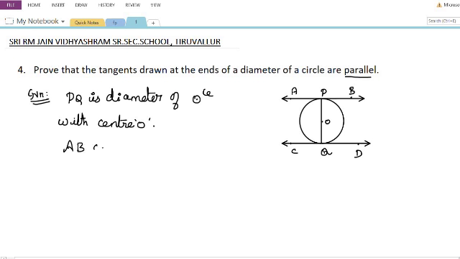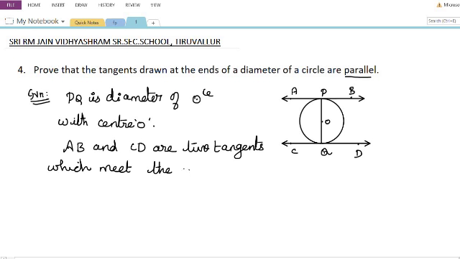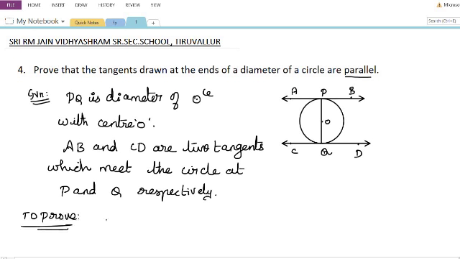AB and CD are 2 tangents which meet the circle at P and Q respectively. This is what is given in the question. And we are going to prove that these 2 tangents are parallel. That is, AB is parallel to CD.